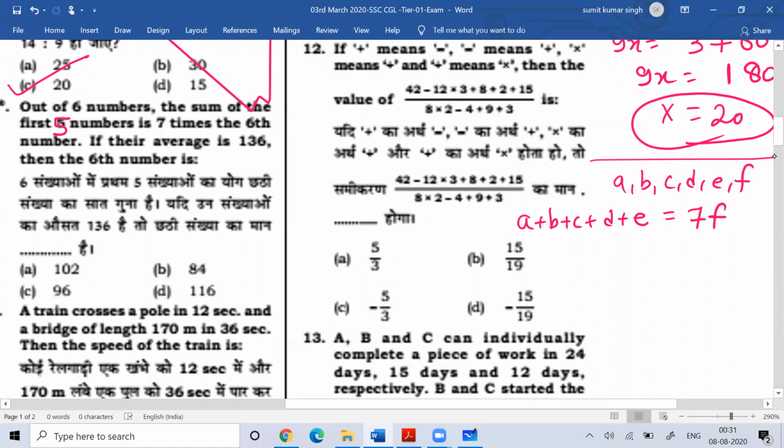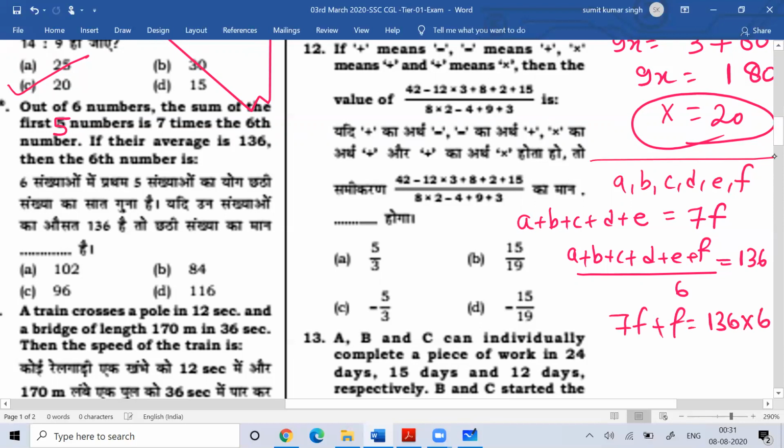Now the average is 136, so the average means A plus B plus C plus D plus E plus F divided by 6. Now in place of A plus B plus C plus D plus E, I can write 7F. So 7F plus F is equal to 136 into 6.